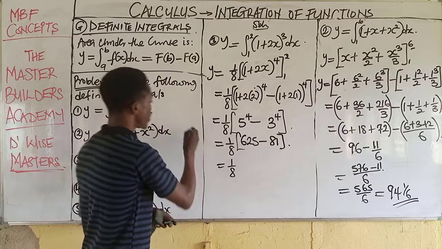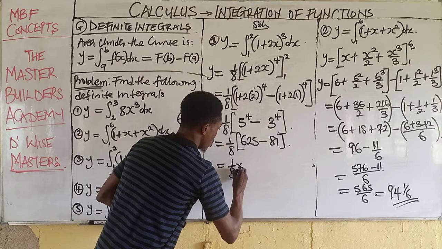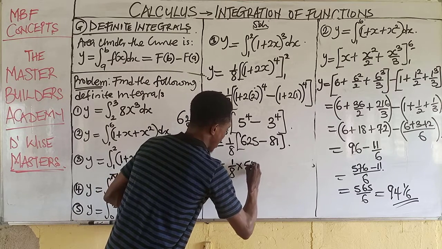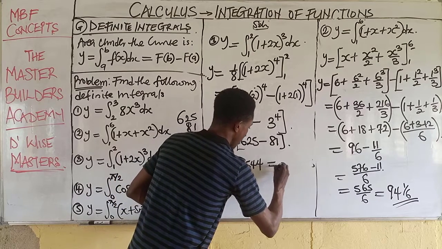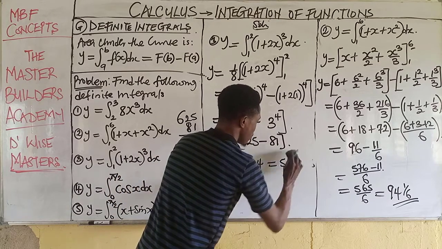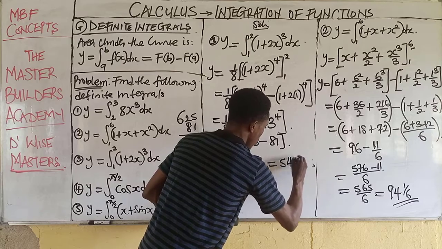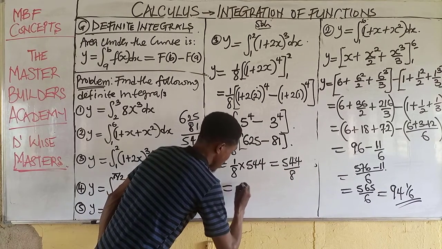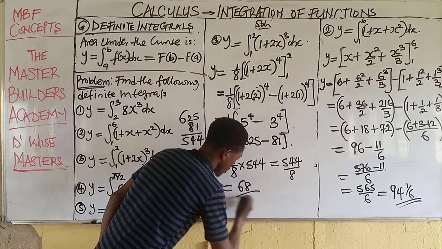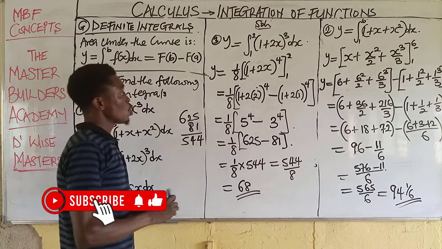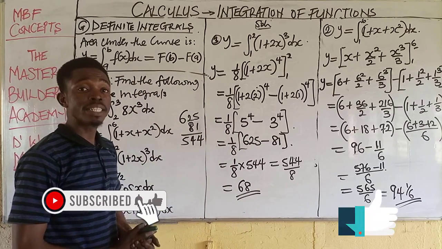When we remove 81 from 625, we have 544. And this is 544 over 8. We have 68. This is the answer to this definite integral.